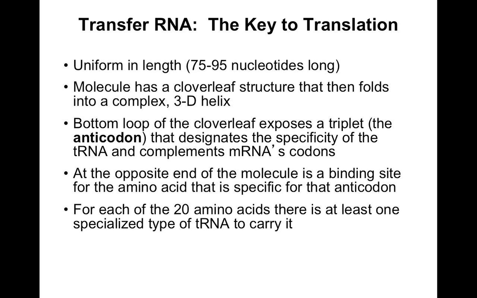So this is what allows the tRNA to bind to the mRNA, putting the amino acids close to each other, allowing them to bind together, forming a peptide or a piece of a protein. So it's where the T comes from.